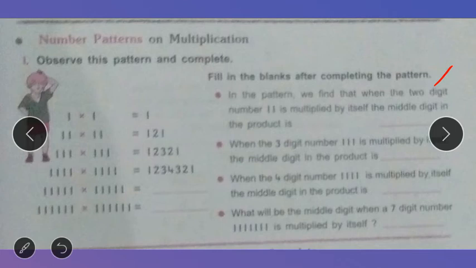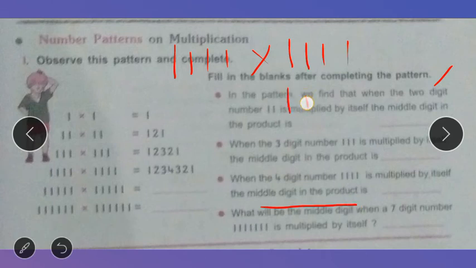That number itself, 1111 multiply 1111. Then what is the middle digit in the product? You have to add 1 plus 1 plus 1 plus 1. That middle digit will be 4. Clear?